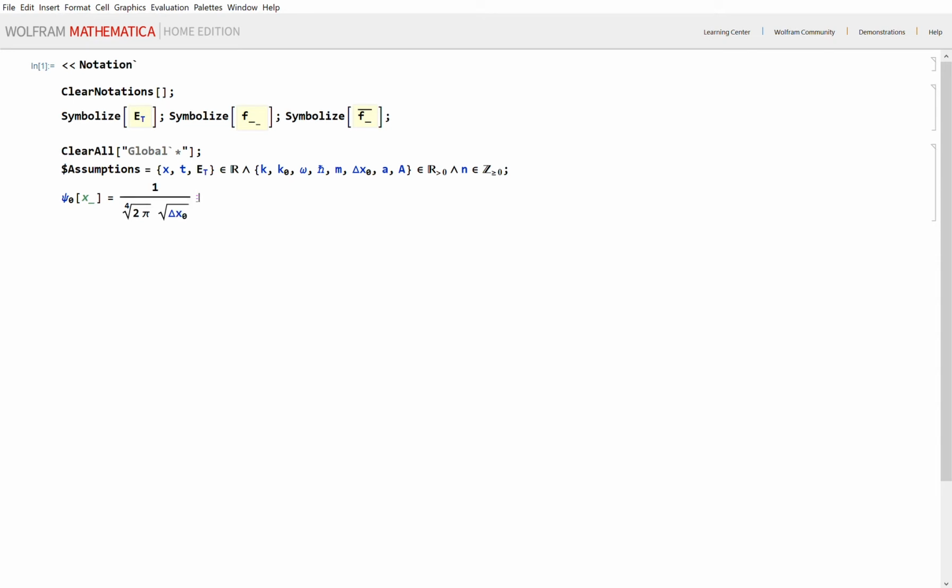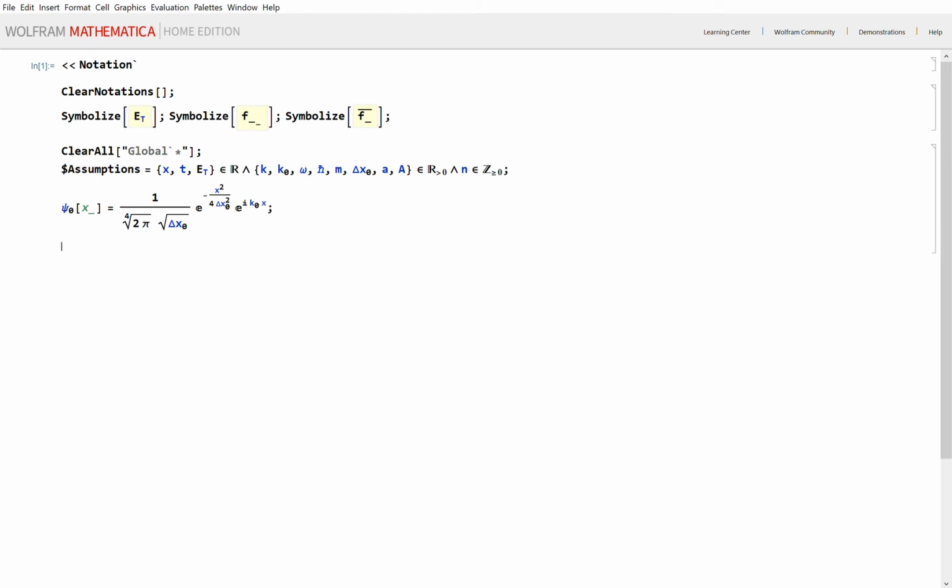Then we'll get a Gaussian amplitude, e to the minus x squared over 4 times the initial uncertainty in position squared. Alright, then we'll get a plane wave function, e to the i k. I just need i k, that's the initial wave number times x position.